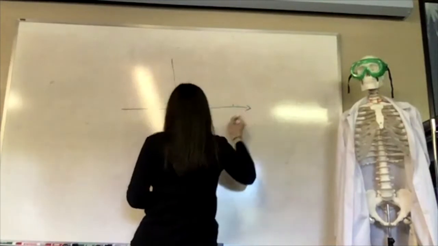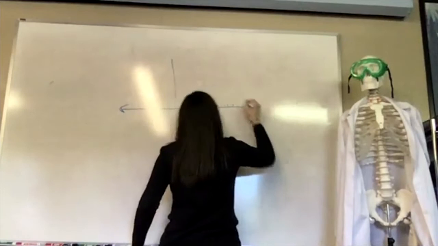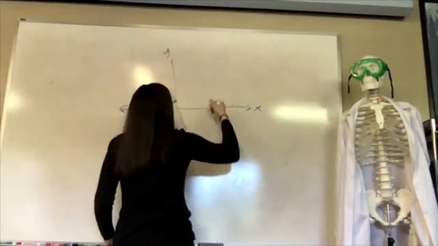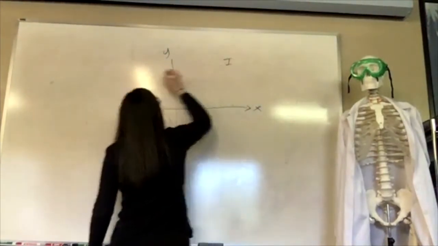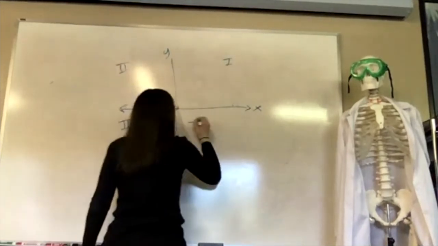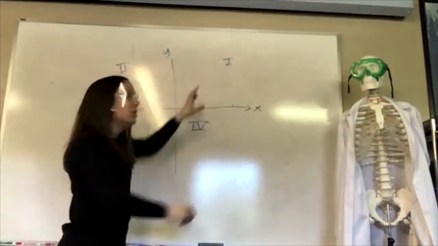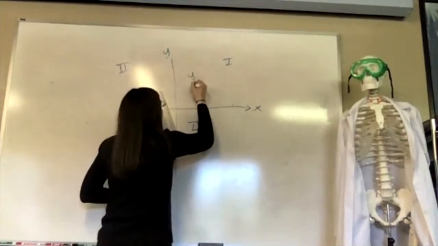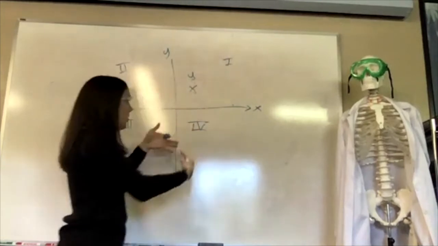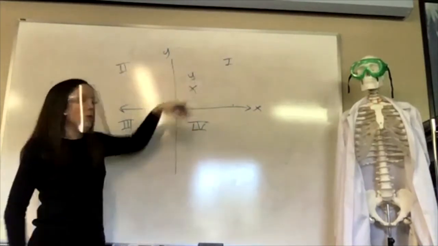Okay, other thing to think about is the coordinate plane where you have 4 quadrants, right? So you have the x and y-axis, and quadrant 1, 2, 3, and 4. In quadrant 1, let's think about what y and x are as far as positive and negative. Y is positive and x is positive in quadrant 1.